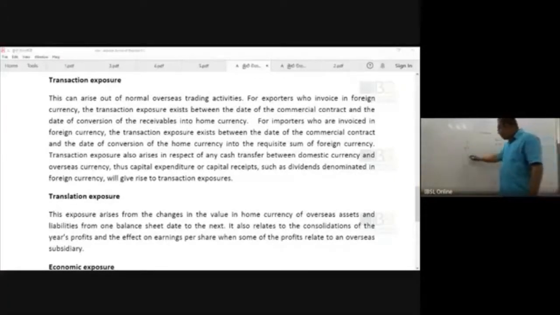They are importing some items, say plates, Chinaware from France.